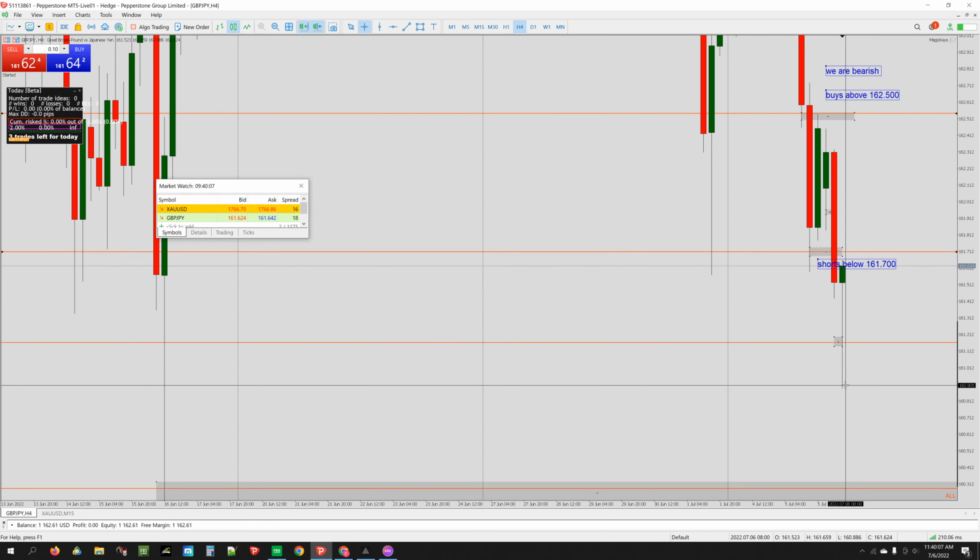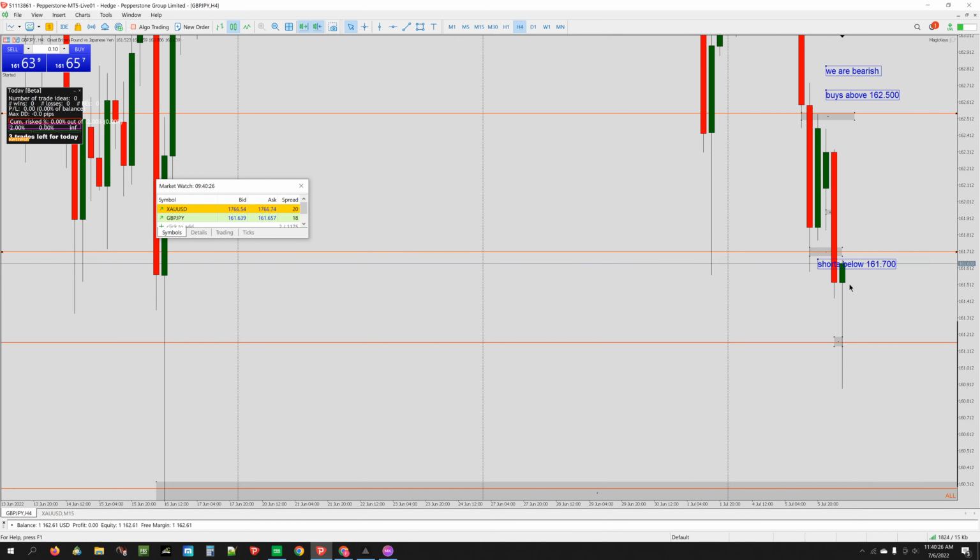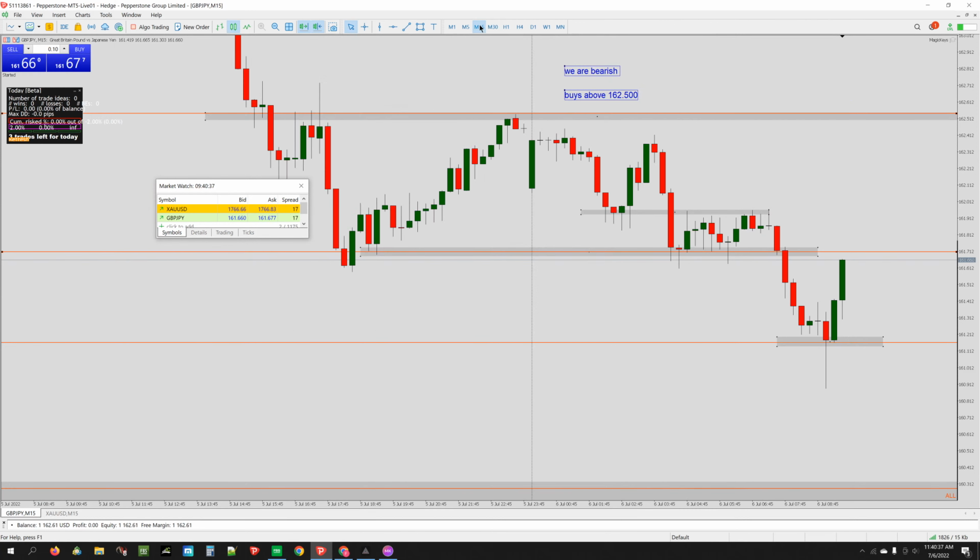So the H4 candle is rejecting from the lows. This candle is only 1 hour and 40 minutes old. Still 2 hours and 20 minutes left for this candle to close. We don't know how this candle will close, but when this H4 candle opened, it had no wick to the upside, and we were anticipating that a wick to the upside may be created, and the market is now creating a wick to the upside.